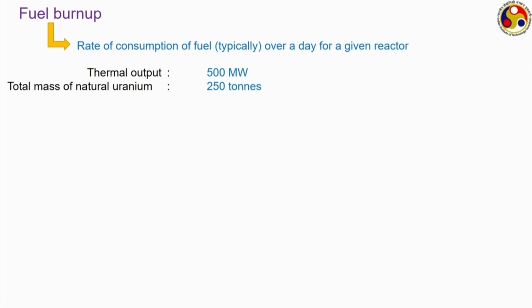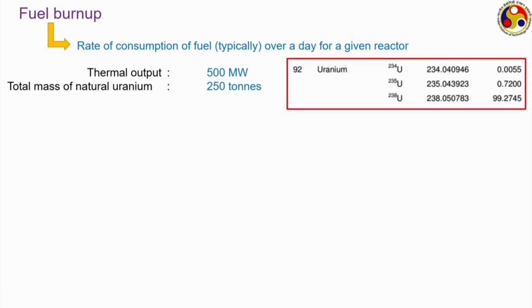tons of natural uranium. Now, if you remember, natural uranium basically comprises 3 different isotopes, primarily uranium 238, which comprises more than 99% of this. But uranium 238 is a fertile isotope, so it does not undergo fission, at least when it is subjected to thermal neutrons.